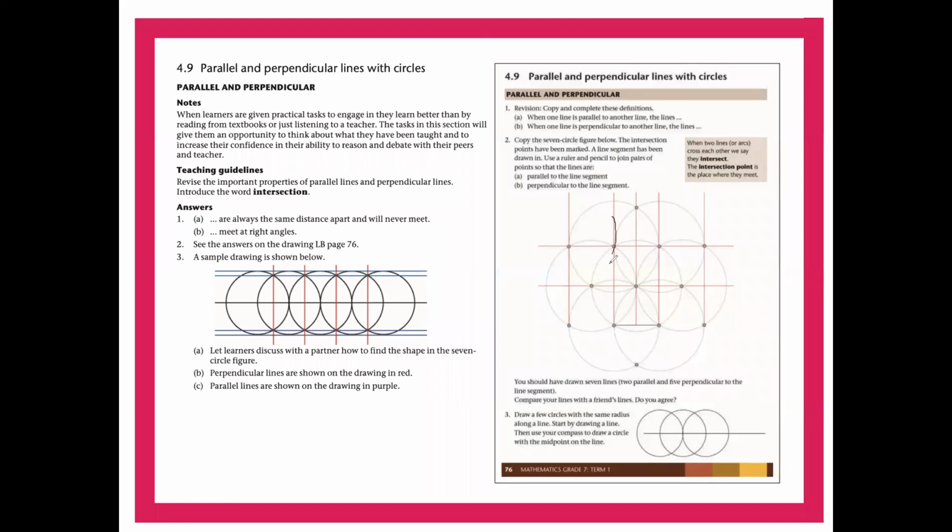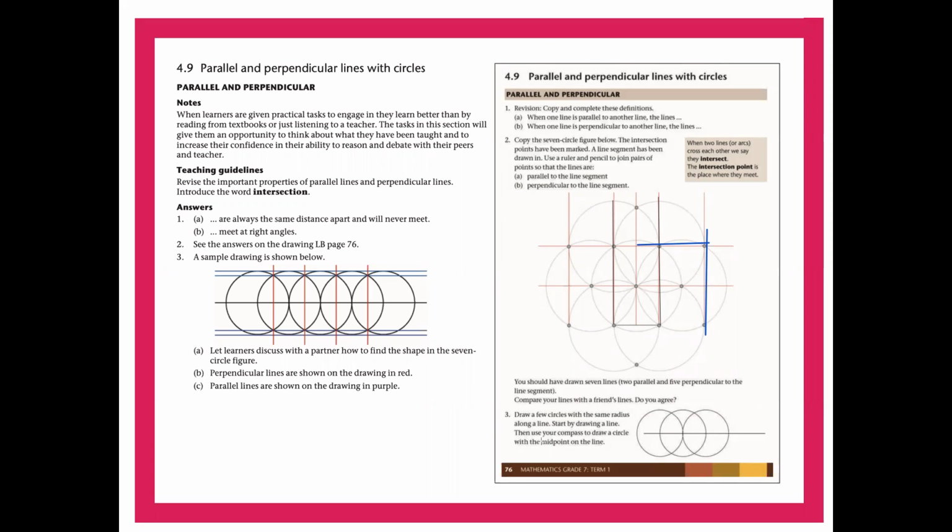So this could be, oh, that was bad. Give me a second. That's parallel to that, for example, and then we could have this and this is perpendicular to each other.